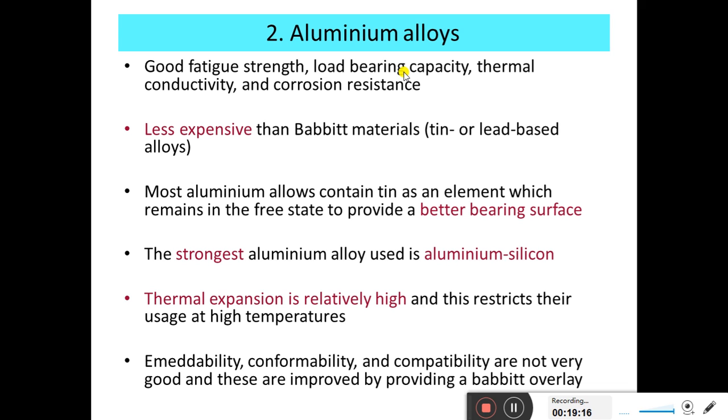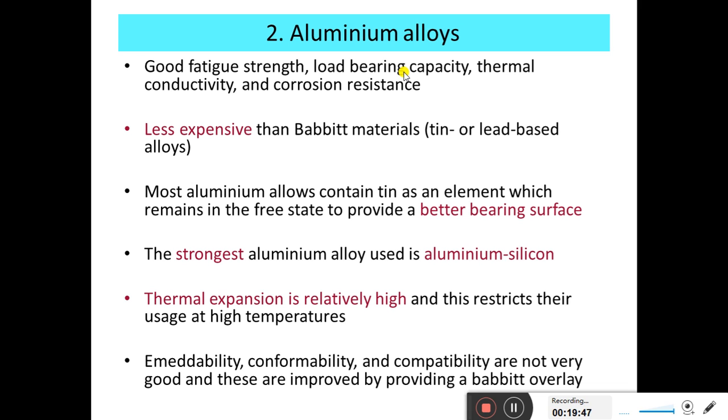That's why it is used as a bearing material. And the strongest aluminium alloy is aluminium silicon. There are n number of aluminium alloys.